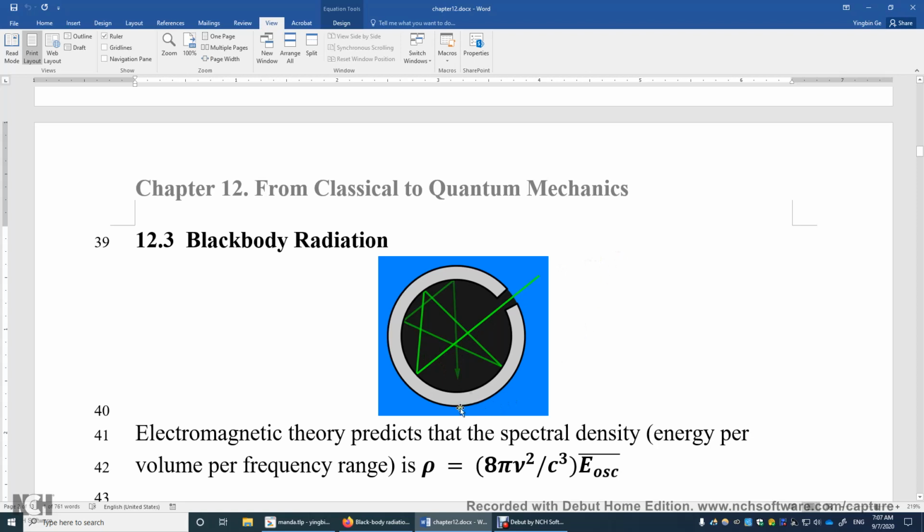And then if we heat up this cavity, the atoms on the inside surface will move faster. They will eventually emit photons.